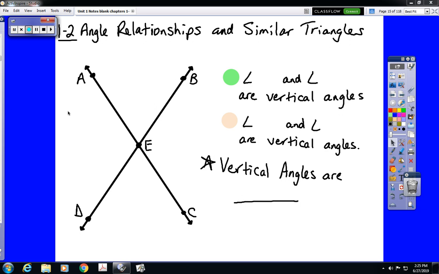So we're going to start off by discussing the idea of vertical angles, and we're going to use color to do that. So here you'll notice the green. We're going to mark the vertical angles.